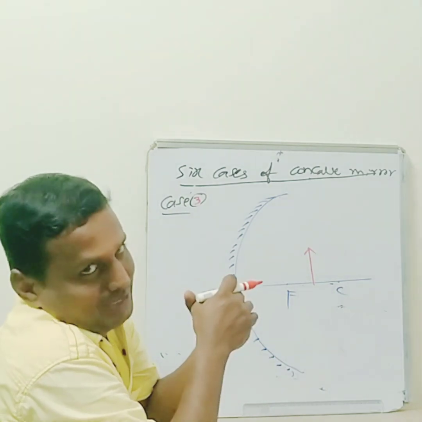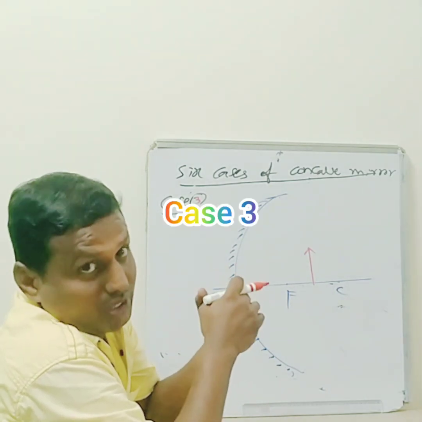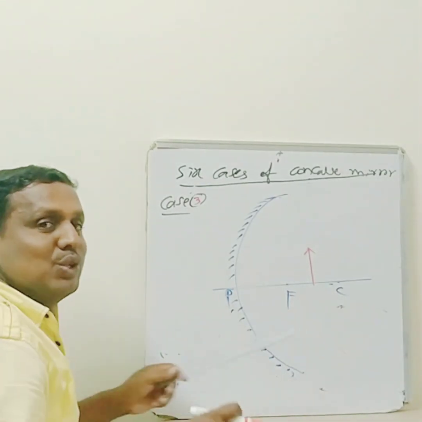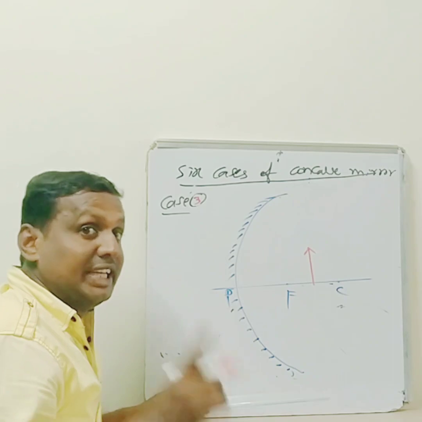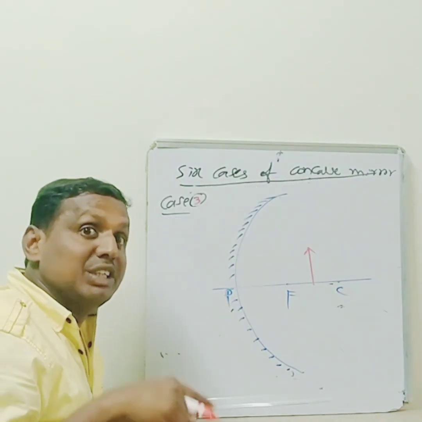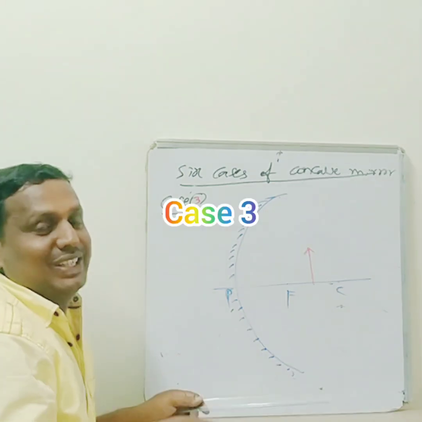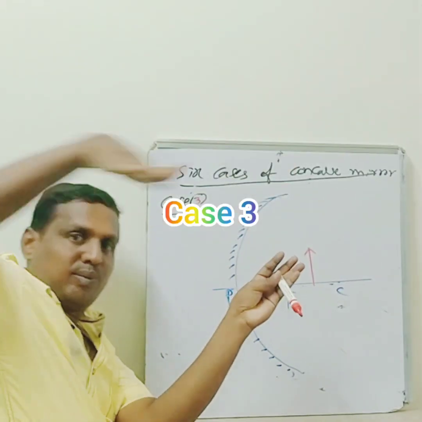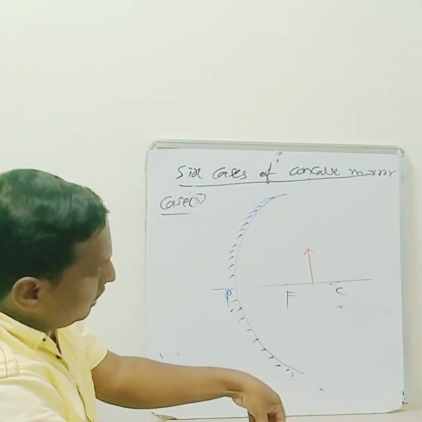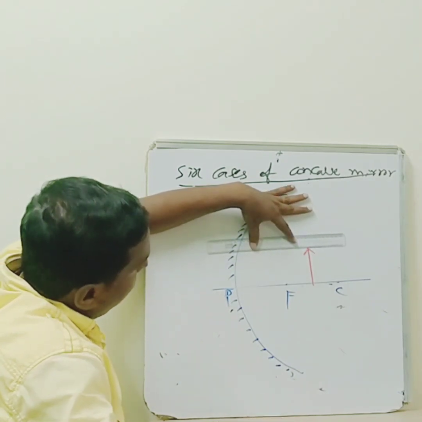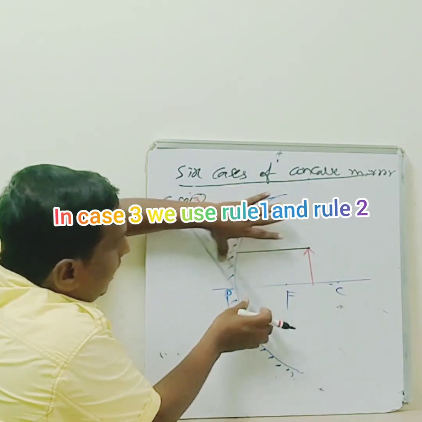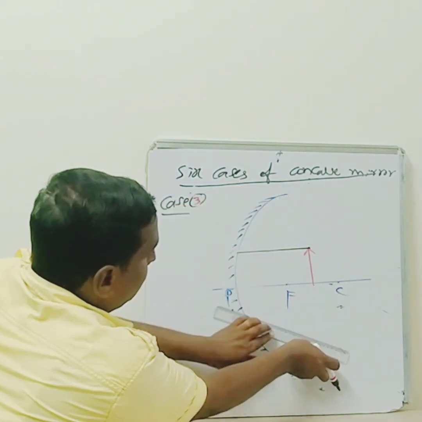Now we want the formation of the image. Here we use rule 1 and rule 2 only. Case 1 used rule 1 and rule 3, case 2 used rule 1 and rule 3, but here we use rule 1 and rule 2. Rule 1: the ray parallel to the principal axis passes through the focus.